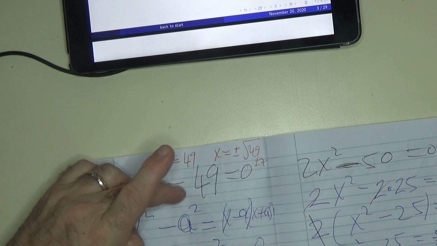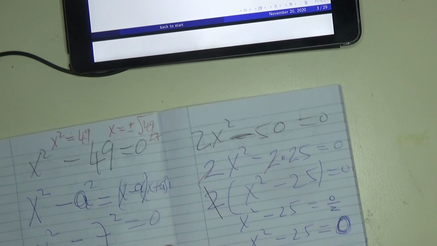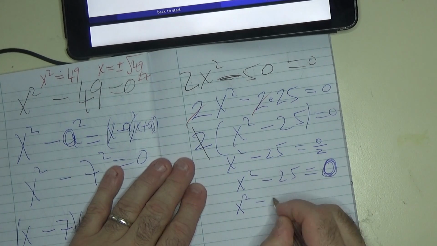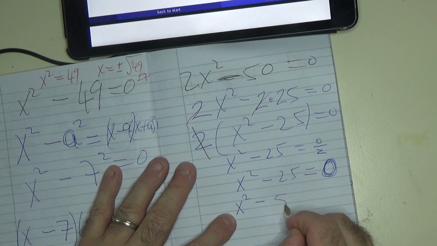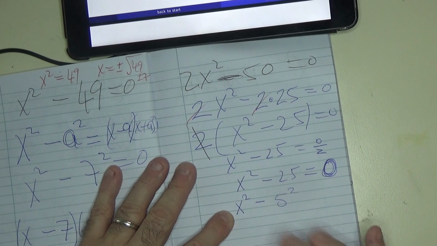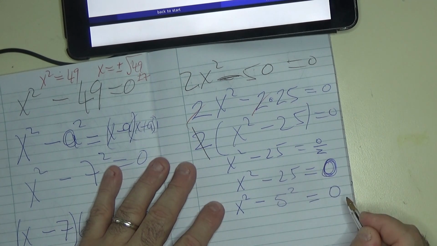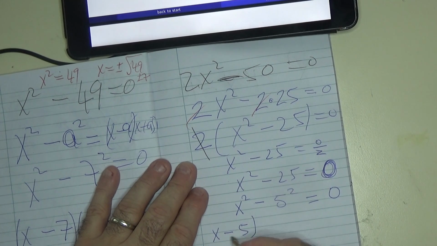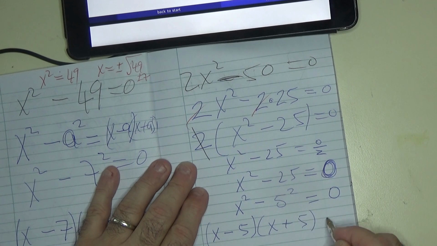Now we're back up where we were here and going, this could be the difference of 2 squares. This could be the difference of 2 squares if I just wrote it like the difference of 2 squares. The difference of a square and a square, 2 squares, equals 0. The difference of 2 squares has this fantastic identity where it's a product of a difference and a sum.